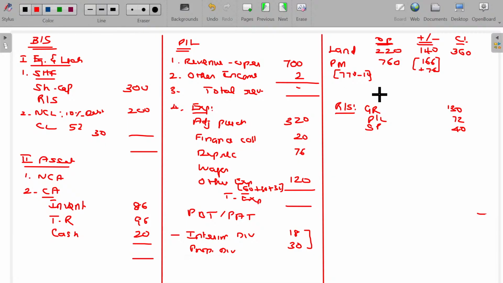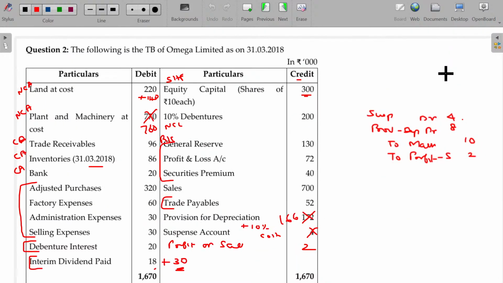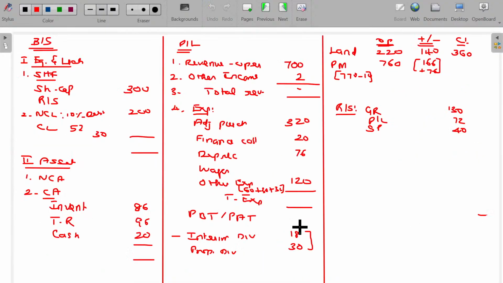Now 220 becomes 360, 760 minus 166, and another 76 should also be subtracted. What is the ultimate value here? Hmm? 518. So 8 rupees, if I subtract 8 rupees, what is the value? 164, sorry. 164.